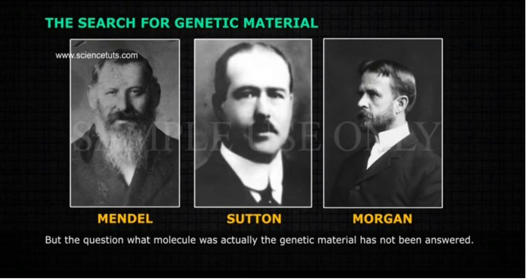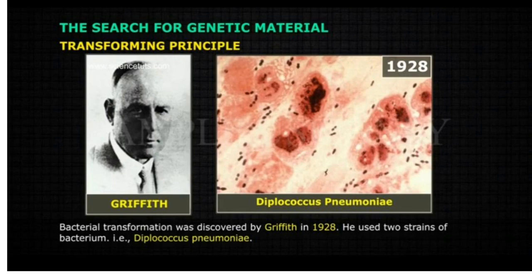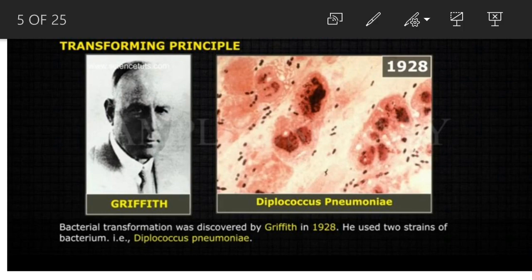But the question was, what molecule was actually the genetic material? That was not answered. For this, the transforming principle was given by Griffith.